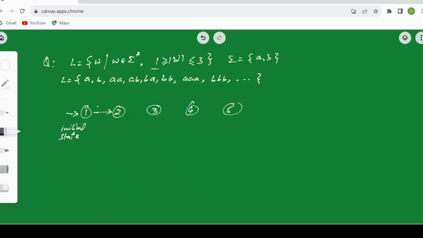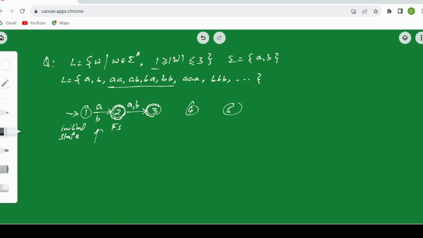String length 1 is accepted, which can be A or B, therefore state 2 will be the final state to accept the strings of length 1. Because this is the final state for the first input alphabet. The string length 2 is also accepted, therefore if you get A or B as a second input, that also is to be accepted.